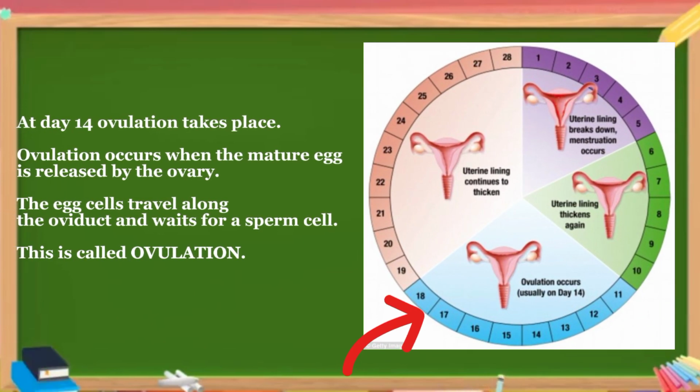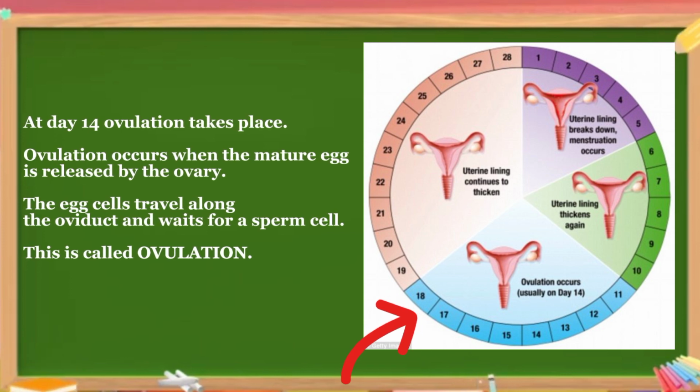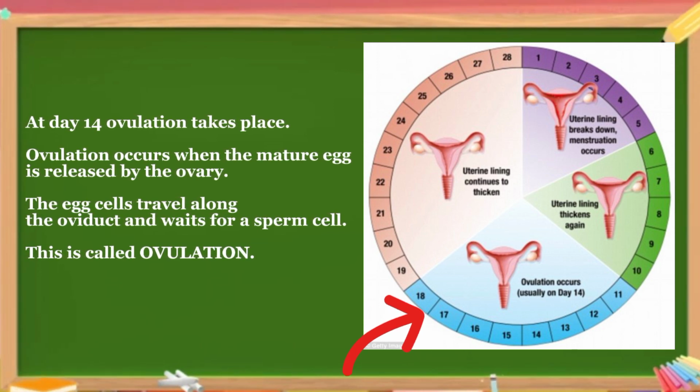Third phase. At day 14, ovulation takes place. Ovulation occurs when the mature egg is released by the ovary. The egg cell travels along the oviduct and waits for a sperm cell. This is called ovulation.